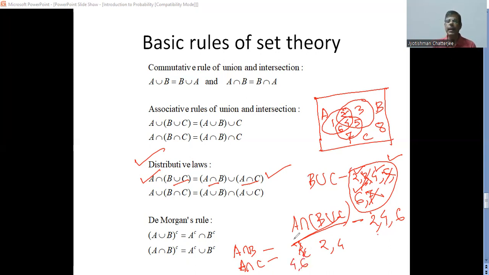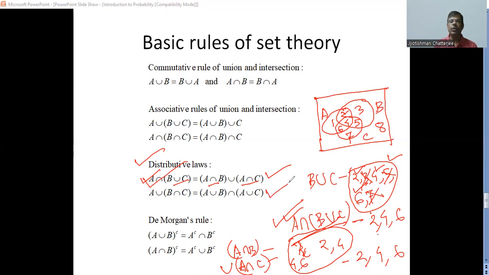So when you take the union of these two, which parts do we get? We get 2, 4, and 6. That's precisely what we had got here. So the union of these is the same as this one. That's why we got this rule. Similarly, you can argue that this also holds.